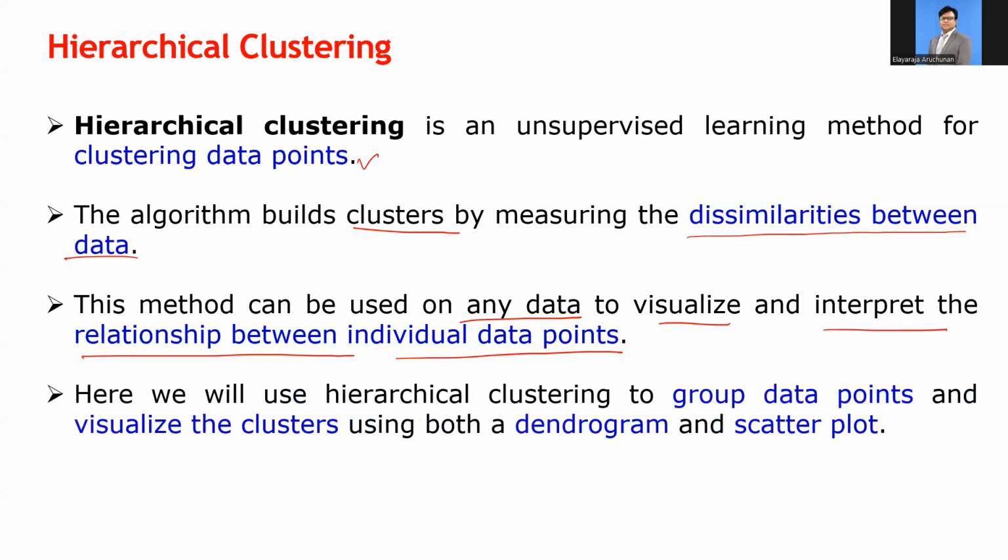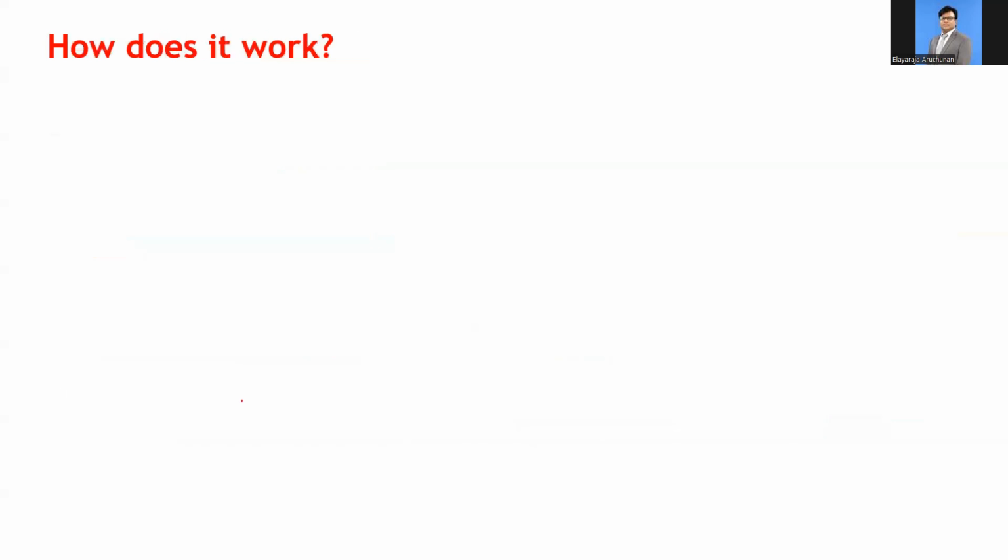We also use hierarchical clustering to group the data points and visualize the clusters using both a dendrogram and a scatter plot. So this is all that we will see in hierarchical clustering.